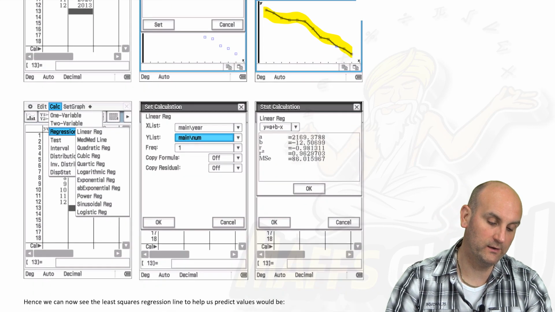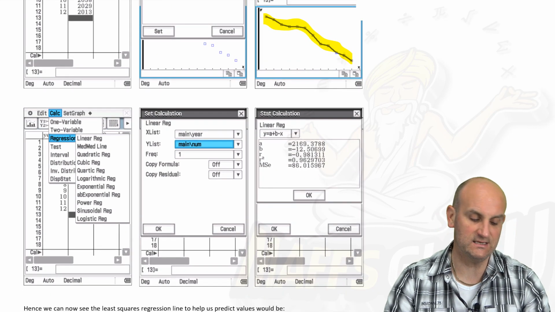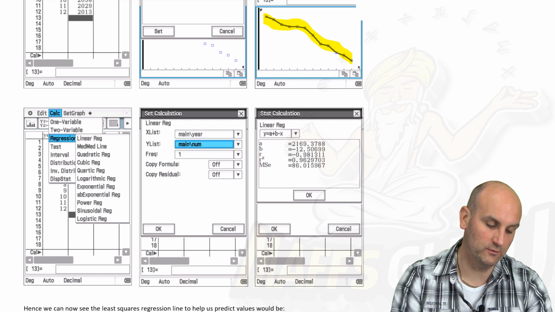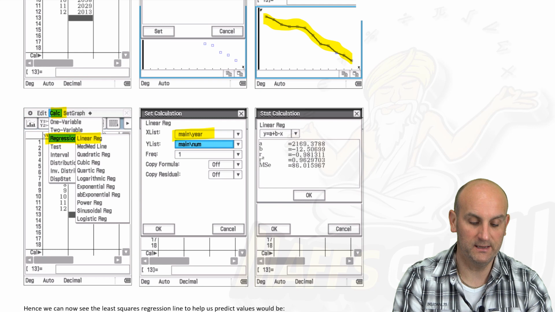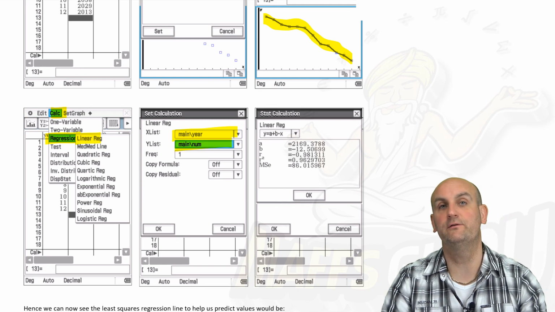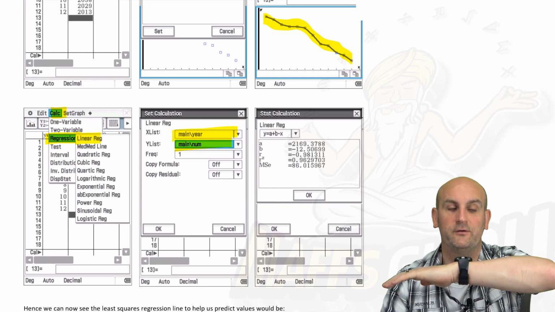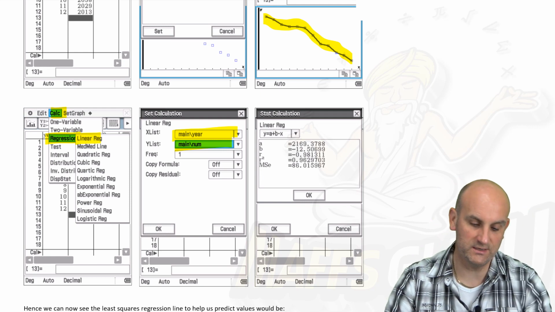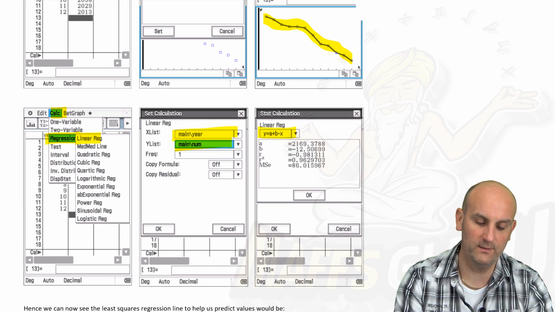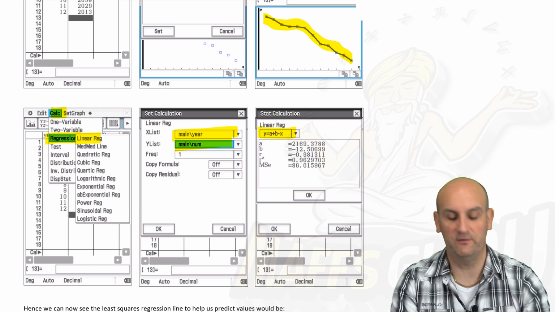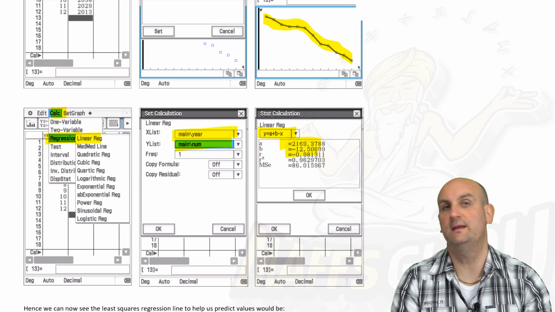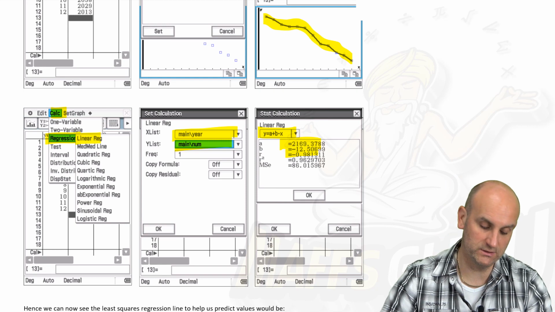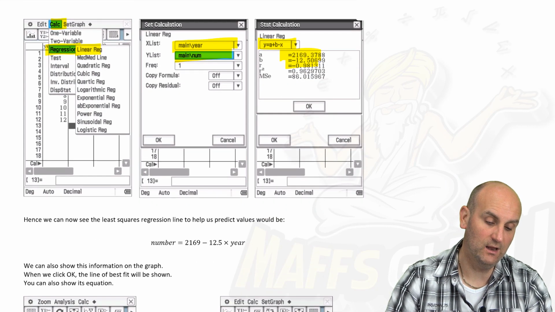So I'm going to do a regression analysis. As we've done before, we hit calc, regression, and linear regression, making sure once again to tell our calculator to do year, which goes on the horizontal, and number, which goes on the vertical. Up comes my formula, or at least the values I can put in my formula as a plus bx. We know the value of a and the value of b are going to be really important.